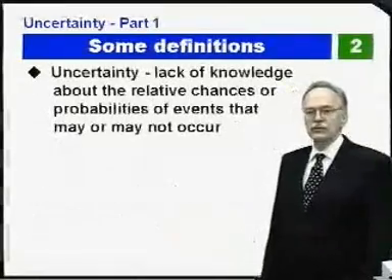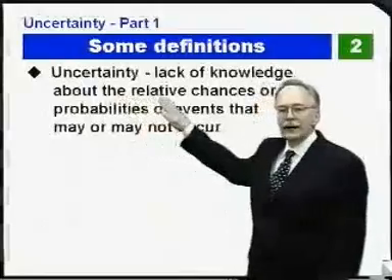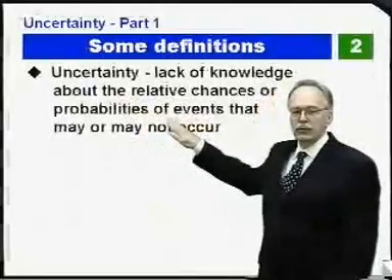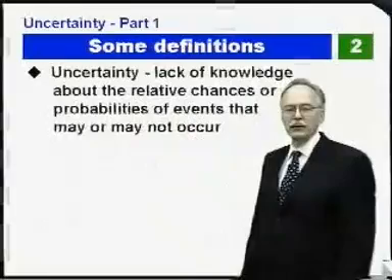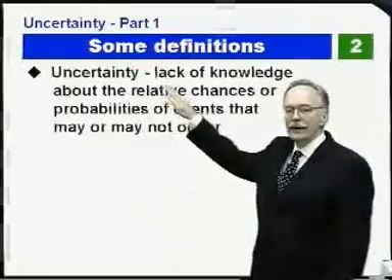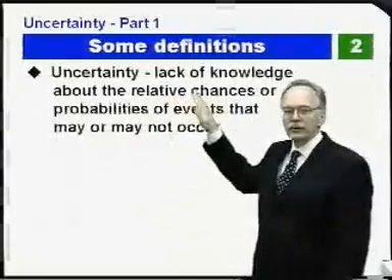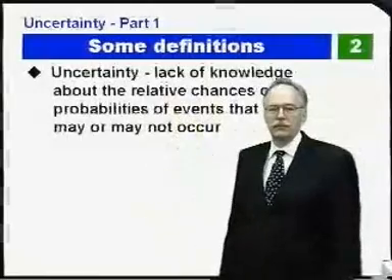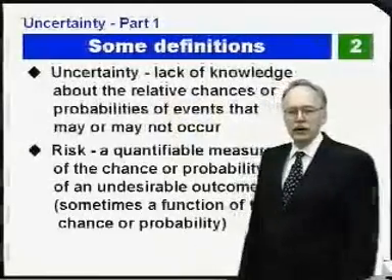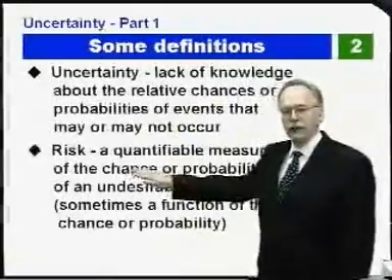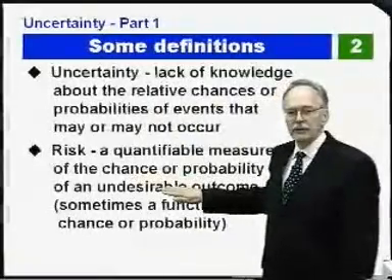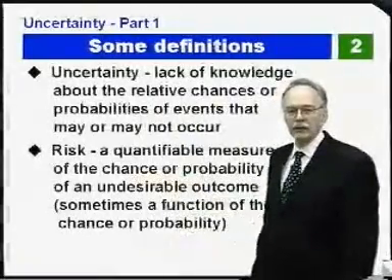Let's provide some definitions. Uncertainty is the lack of knowledge about the relative chances or probabilities of events that may or may not occur. Notice the word lack of knowledge. You don't know what's going to happen. Risk, on the other hand, is a quantifiable measure of the chances or probabilities, particularly of undesirable outcomes.